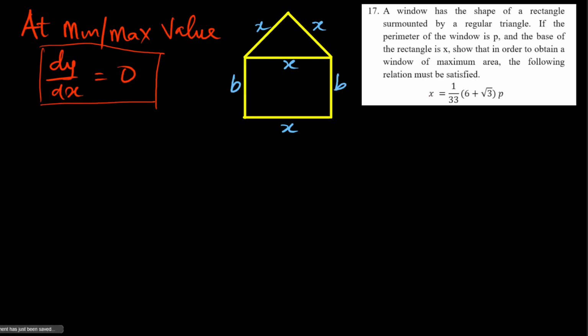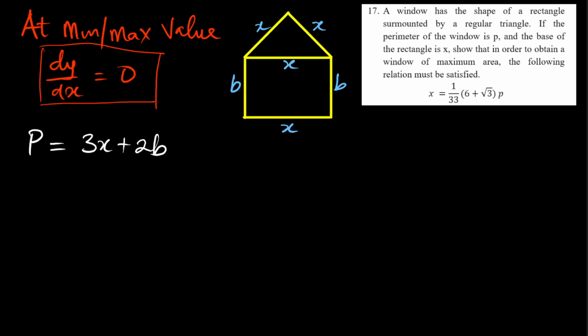Okay. Now we can find the perimeter by saying that P is equal to X plus B plus X plus X plus B. So that will give us 3X plus 2B.